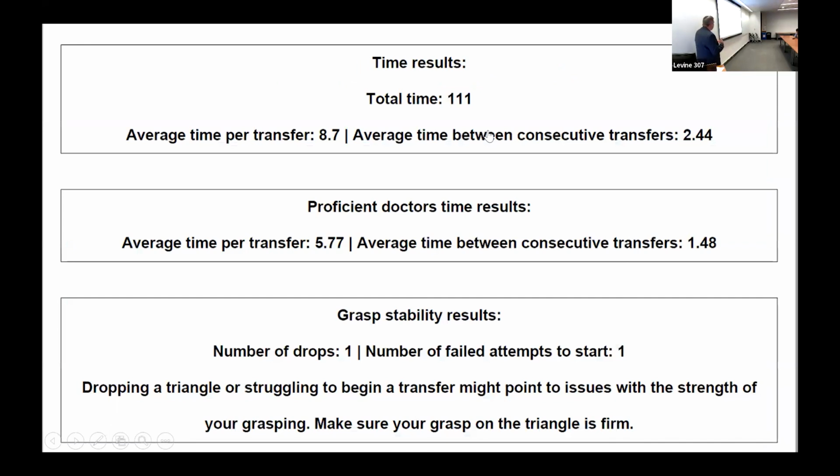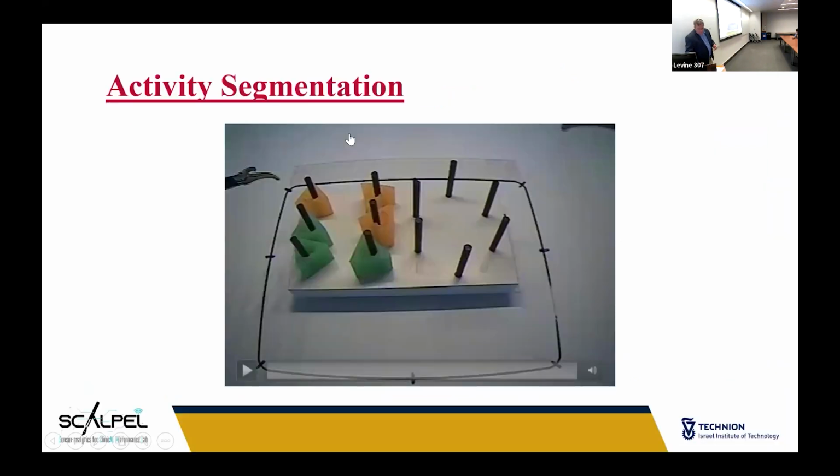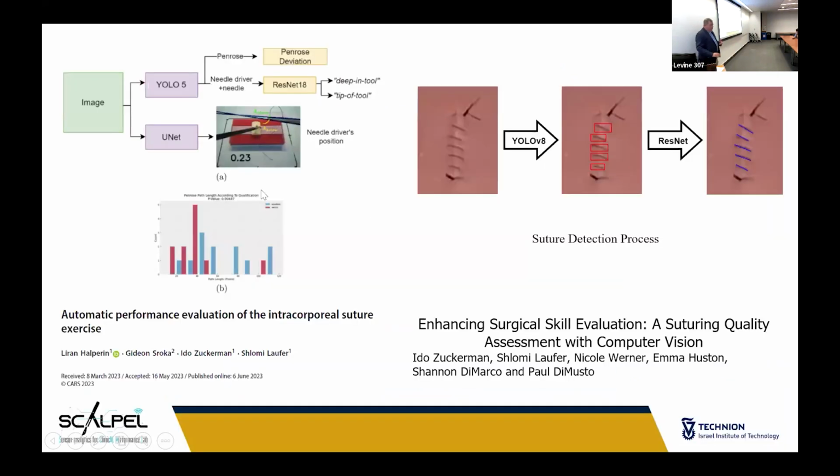You can even develop a report card to provide the trainee with more specific feedback on what they're doing. This also goes for FLS, where we did some work on the needle angle and some other components, and open surgery suturing. You can analyze the end product of the suture, the angle and the size, just using a bounding box.